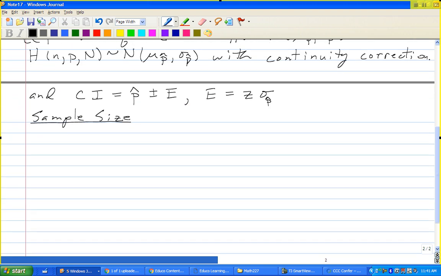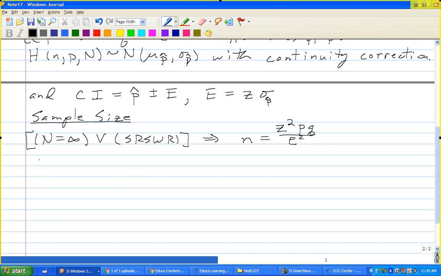Well, for the binomial case, simple random sample, with replacement, we have that the sample size is z squared pq over e squared.